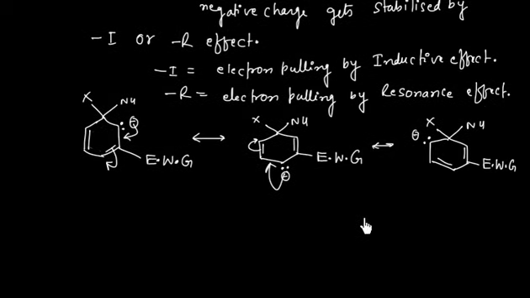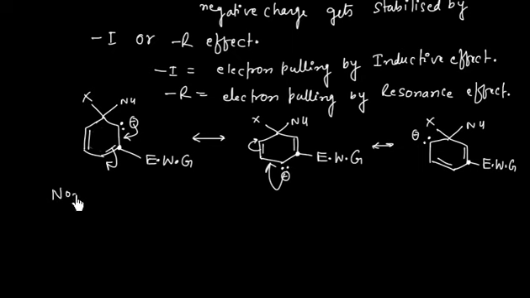So in this case again we have three resonating structures, but none of the resonating structures has a negative charge on the carbon that is attached to the electron withdrawing group. So this carbon does not have a negative charge, does not have a negative charge, does not have a negative charge.